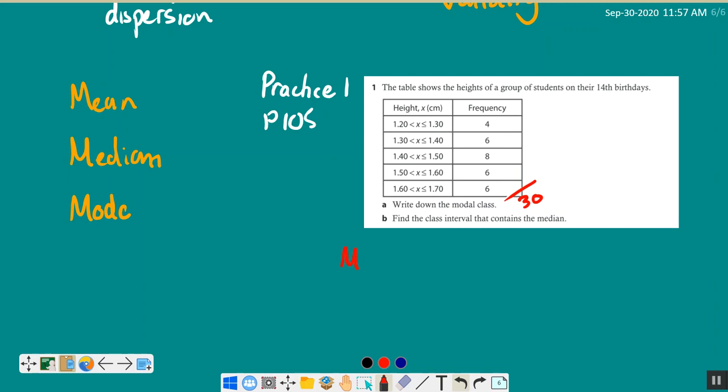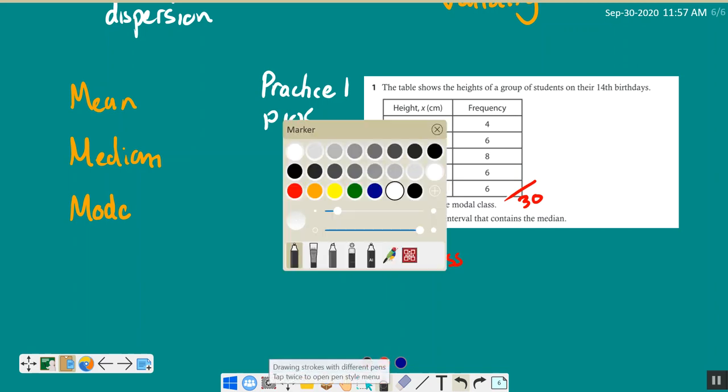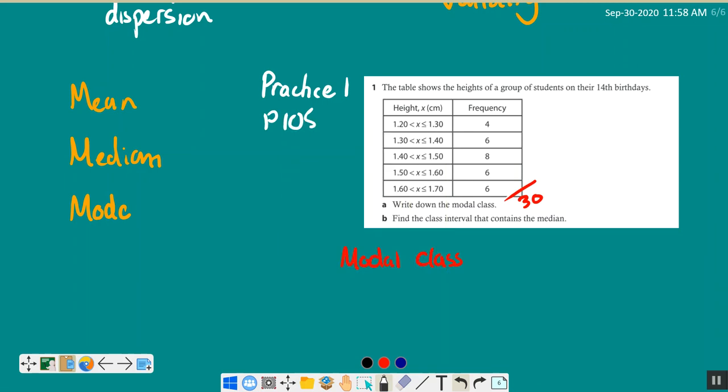So what would be the modal class? What's the modal class? It should be an answer just super quick like that. Modal class is the same thing as what, guys?